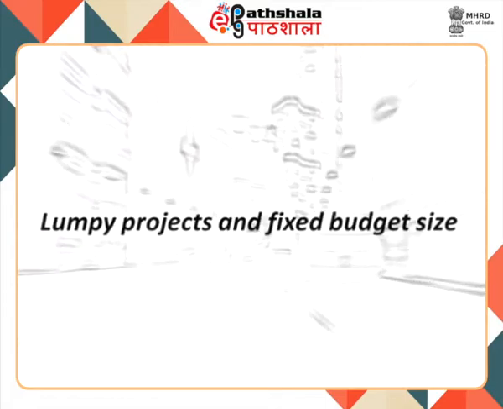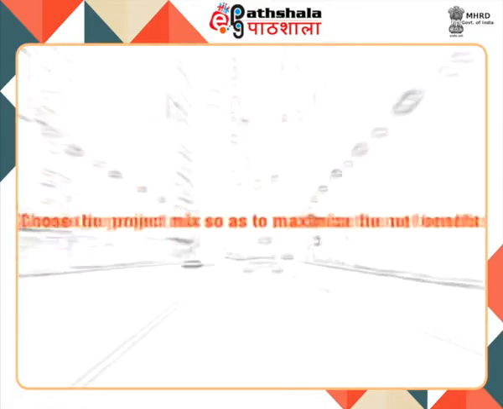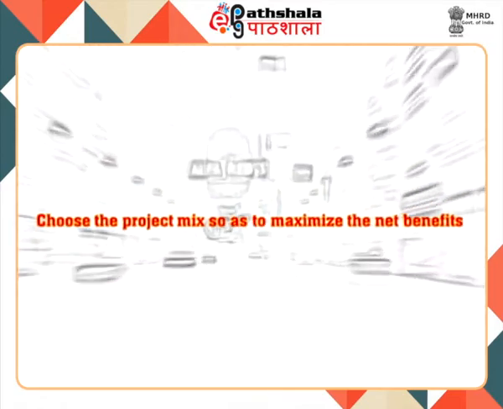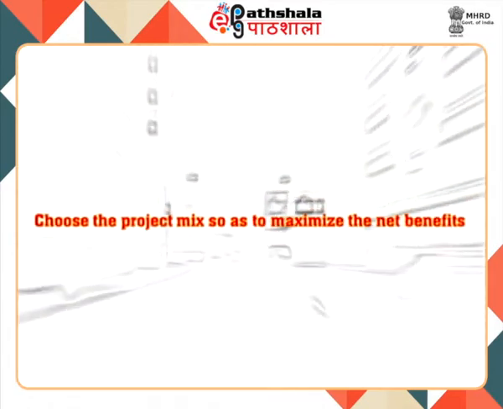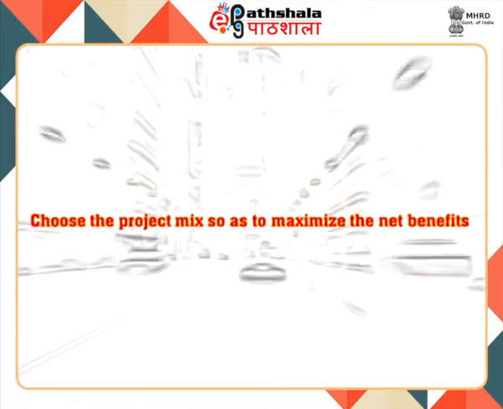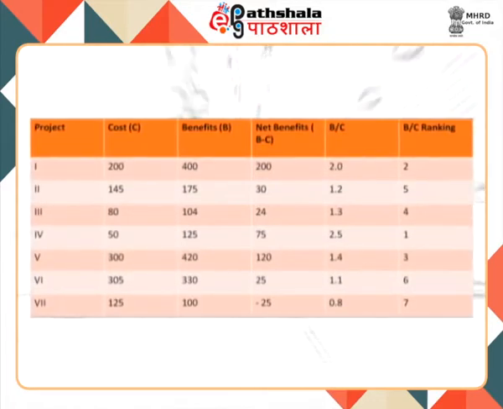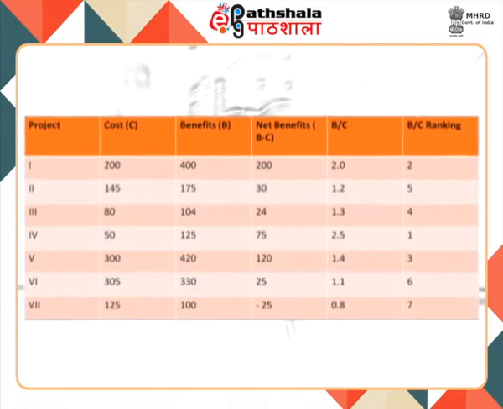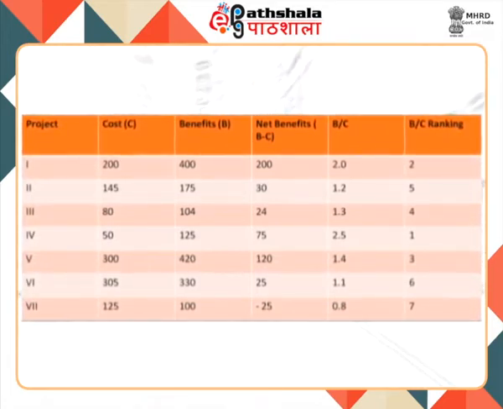Lumpy projects and fixed budget size. The best way to allocate resources is to choose the project mix so as to maximize the net benefits subject to some qualifications, that is, leftover funds are worthless. For example, the table shows various projects 1 to 7 and respective costs and benefits.